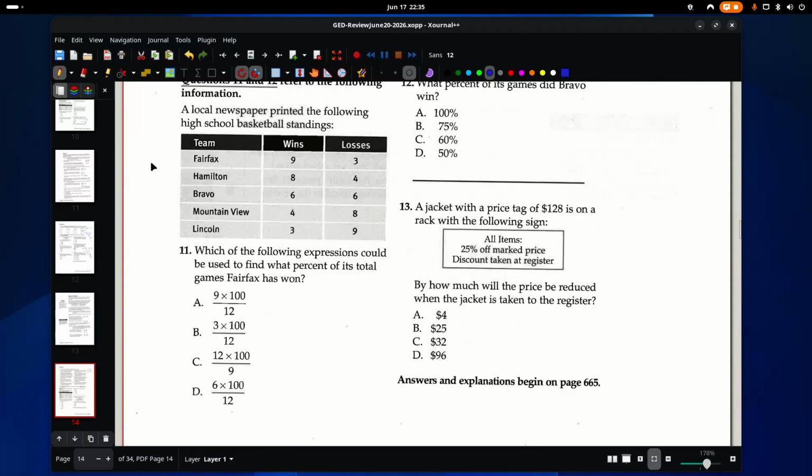So Fairfax, when you look at the Fairfax information that's up here, that team has 9 wins and 3 losses. We want to find the percent of its total games it's won, so it's wins over total games.